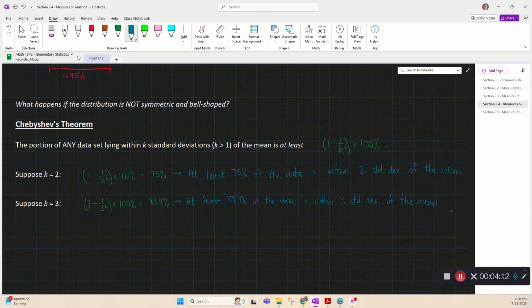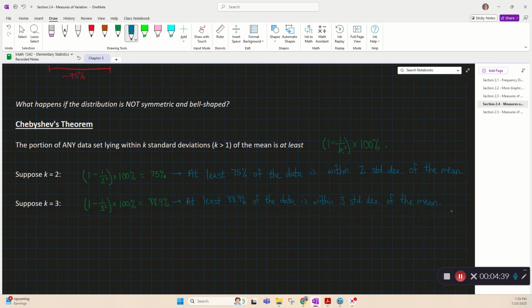So Chebyshev's is a theorem. It's not like the empirical rule where it's approximately right. No. Chebyshev's is a theorem. It will happen. So it gives us like the minimum, the bare minimum. So with any data set, whether it's bell-shaped, left-skewed, right-skewed, it doesn't matter the shape.